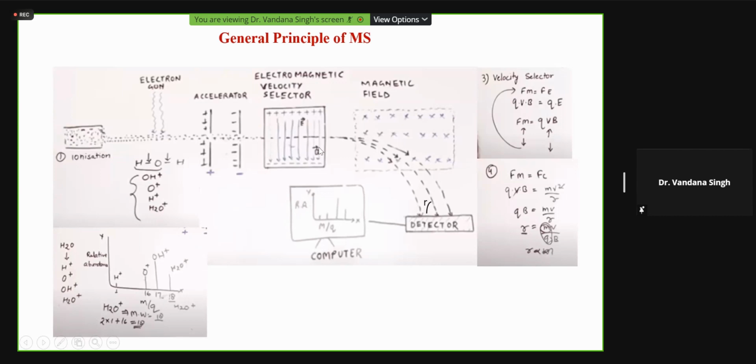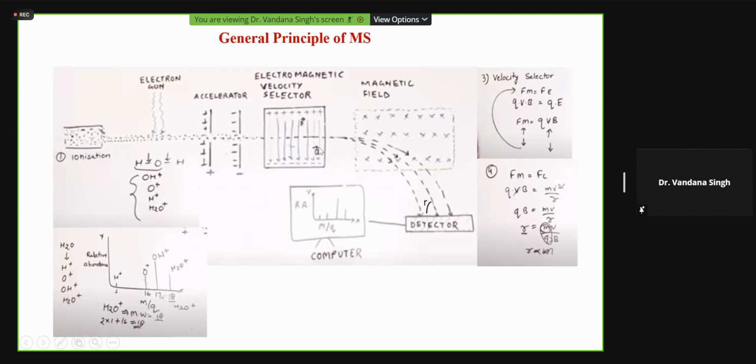Then the droplets are heated using the desolvation gas and nebulization gas, which is basically heated nitrogen gas, so that they become charged droplets. And they are passed through this charged tunnel, so that they become charged droplets.